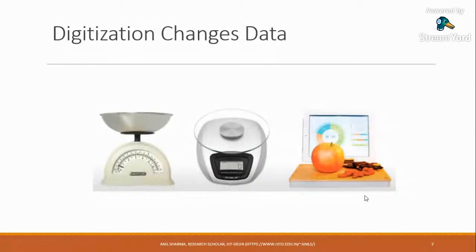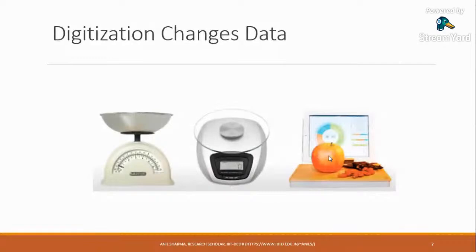For example, if we are talking about an apple, we are not only talking about its weight, right? It's not only the digital form of the weight, but digitization means that we are providing a whole lot of analysis of the apple. For example, what's the weight of this apple, what is the color of this apple, how many nutrients this apple contains, how much protein does it contain.